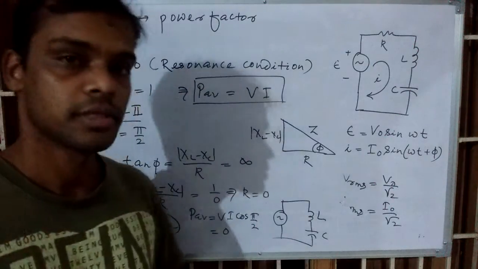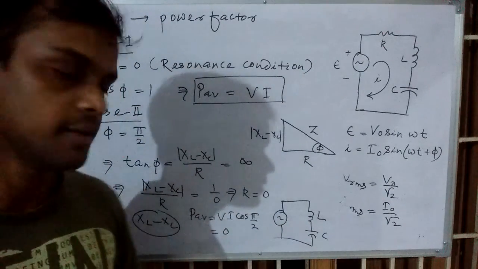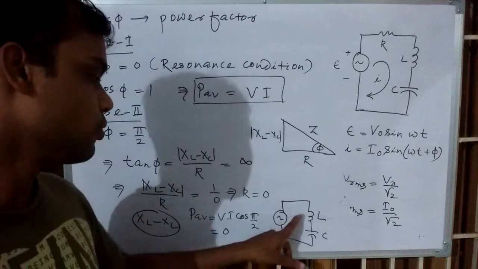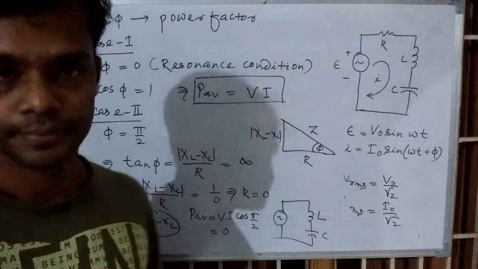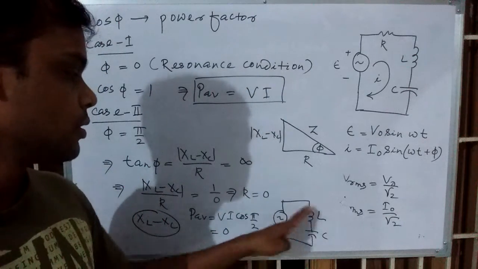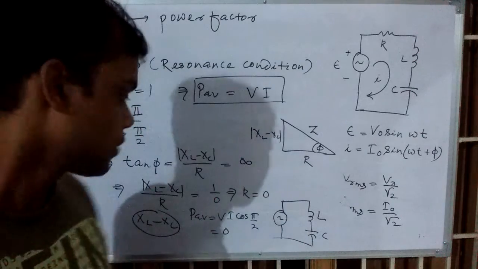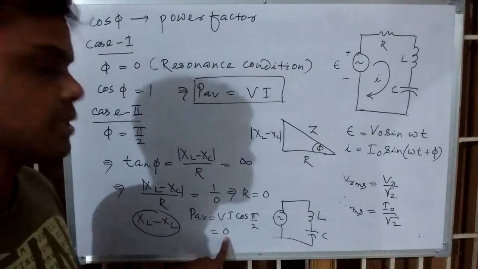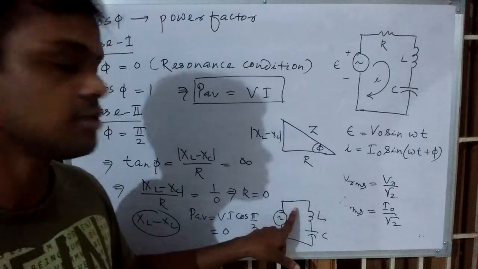This is an obvious case because inductor is a reactive element, capacitor is also a reactive element, and we do know that both inductor and capacitor do not consume any power. They are always energy storing elements. That's why power is 0, because the real power consuming element, the resistor, is absent here.